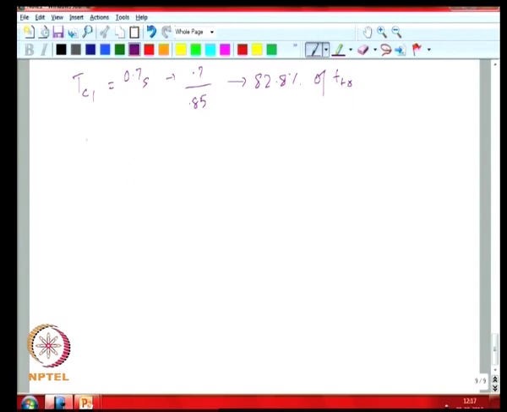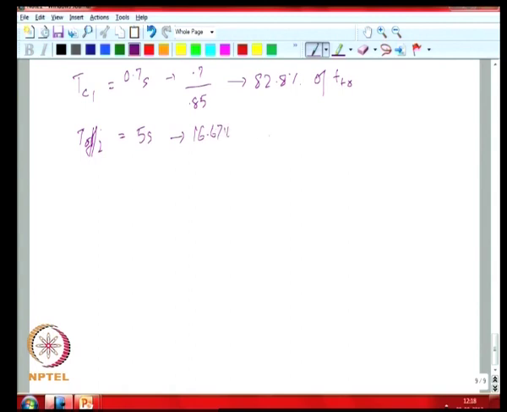Then if you look at your second open duration T off 2 of 5 seconds, it is now 16.67%.